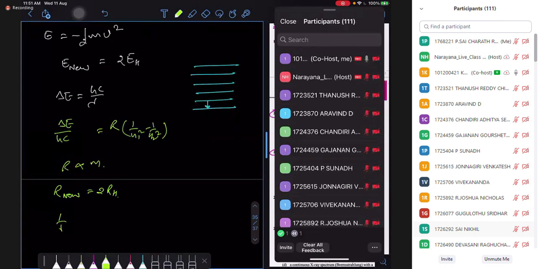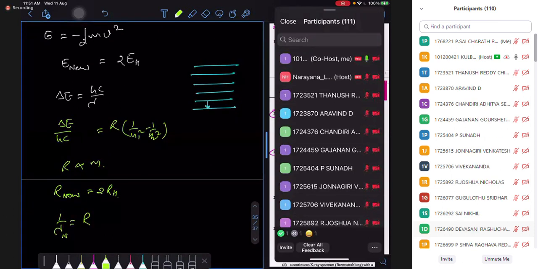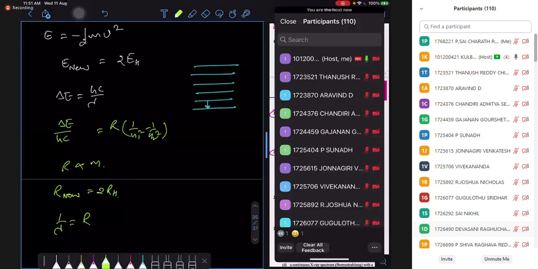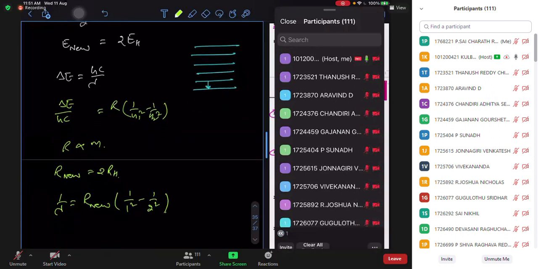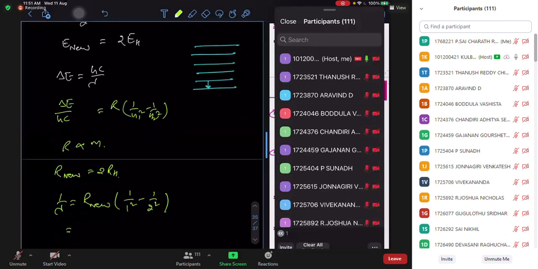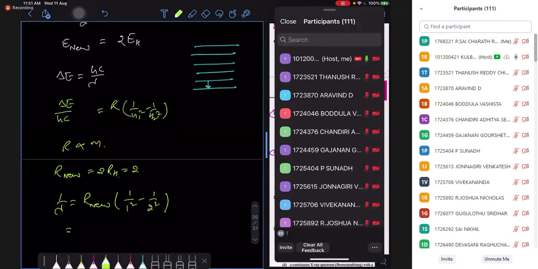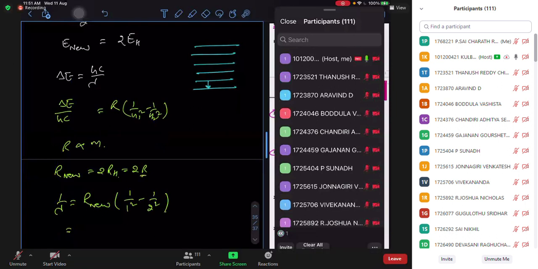If you want to write down the wavelength lambda, it will be for the new model, with the transition from 1 to 2. In terms of hydrogen, he has given R. R is the symbol for hydrogen, the Rydberg constant he has given.